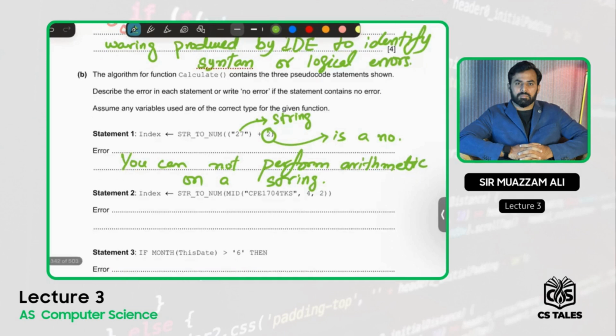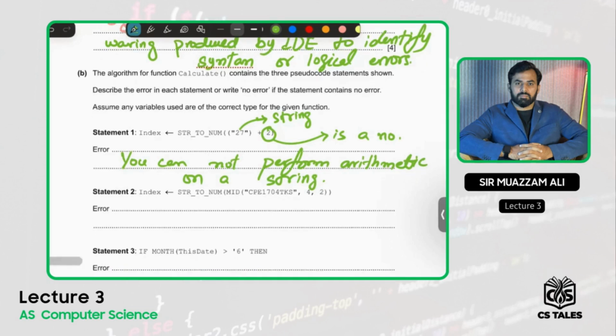Next is asking about index str to num mid and then some value and then 4 and 2. So basically the substring returned by mid is not numeric. So you must look into whether the substring, let's suppose 1 2 3 4, can be converted to a number.